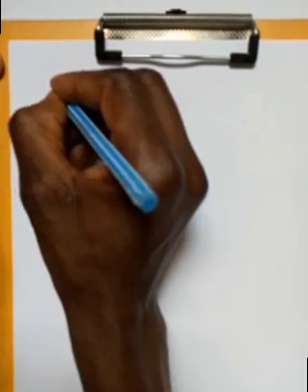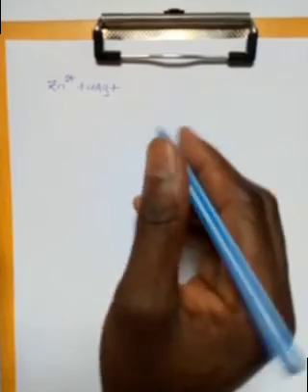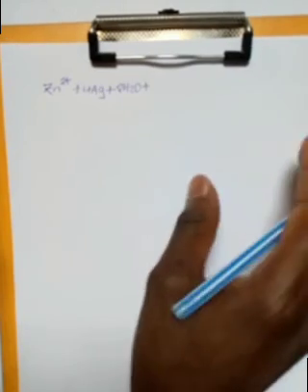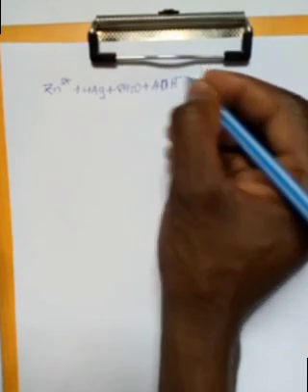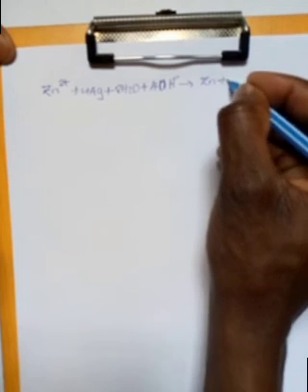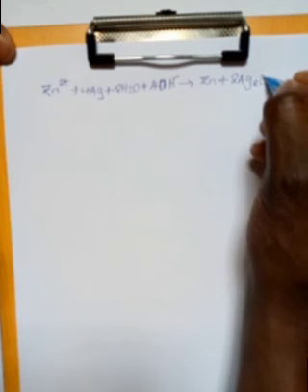Okay, so since we have this reaction, which is zinc 2+ plus 4 Ag plus 2 water molecules plus 4 hydroxide ions, giving us zinc plus 2 Ag2O.